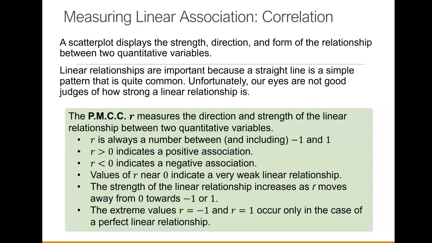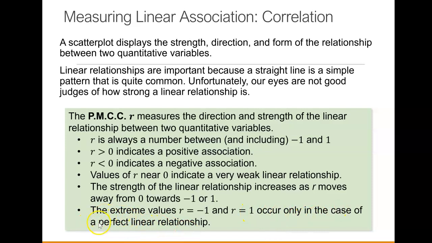It would imply you have infinitely many randomly distributed data points, which in practice you're never going to see. But if you have R values that are less than 0.5, that's usually pretty good evidence that there's not a lot going on there. The strength of the linear relationship increases as R moves away from 0 towards -1 and +1. The values of -1 and +1 occur only in the case of a perfect linear relationship.